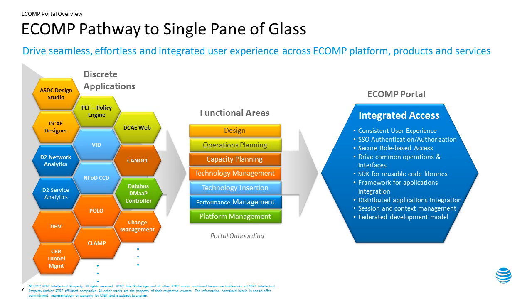The end result of this onboarding process gives you integrated access via the ECOMP portal, providing a single pane of glass with a consistent user experience, single sign on, authentication, authorization, highly secure role based access, and the ability to drive common operations and interfaces. The SDK provides reusable code libraries.